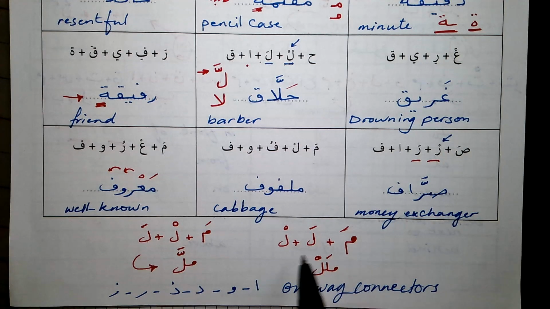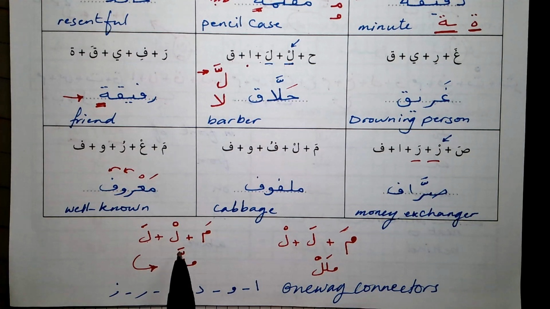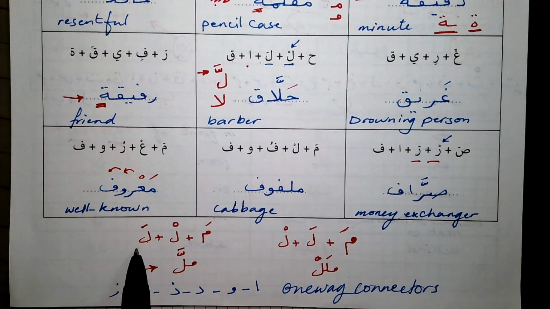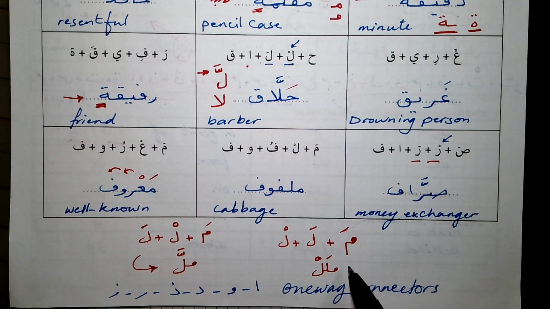Same letters, mim lam lam. In the first example the first lam has fatha and the second lam has sukoon. In the second example, the first lam has sukoon and the second lam has fatha. So in the first case, we cannot combine them together and add shadda.